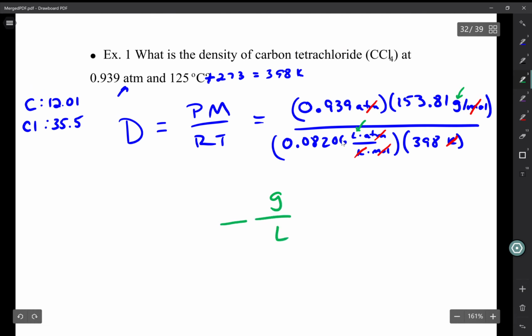So that's our unit, grams per liter. Now, do the math. 0.939 times 153.81 divided by the numbers on the bottom, and you get 4.42 grams per liter. So every 1 liter container, it's about 4.42 grams. So that's how you do density. Nice, easy equation.